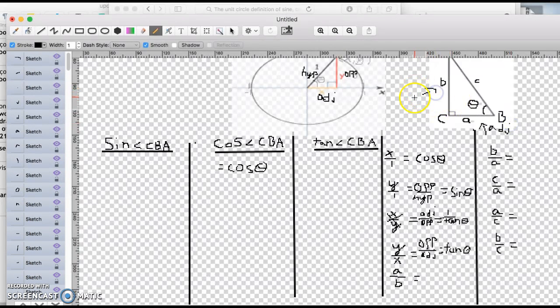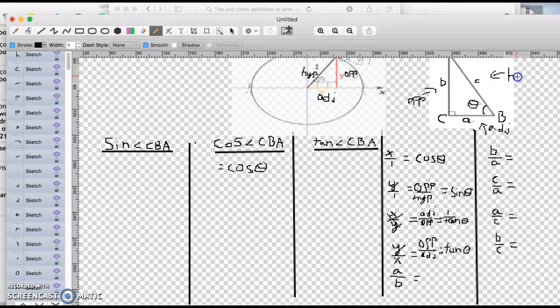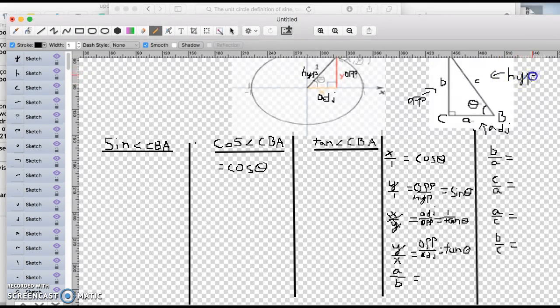This side right here, B, is going to be opposite, since this side B is on the opposite side of theta, and this side A is just right under it, but it's not the hypotenuse, therefore it's the adjacent side. And then C, of course, is the hypotenuse. So that's the first time which would most likely be 1 if it was the same right triangle. We are going to see about that.